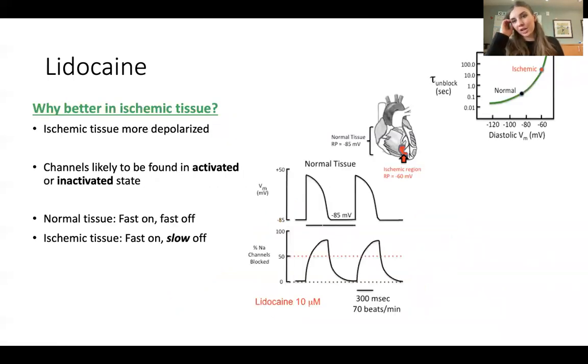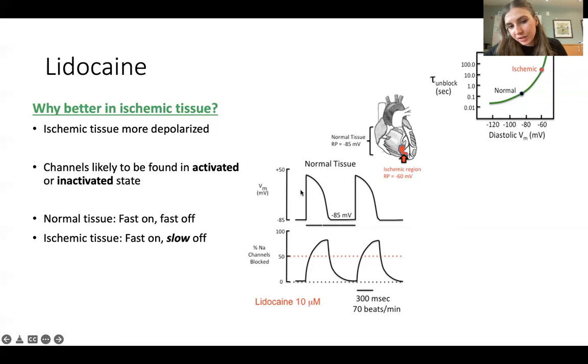Another question you may come across is, why is lidocaine better in ischemic tissue? Specifically, if you have a patient who had a myocardial infarction, why is it better to use lidocaine in that patient versus someone who doesn't have any ischemic disease? We talked about action potentials of our cardiac myocytes sitting at negative 90 millivolts.